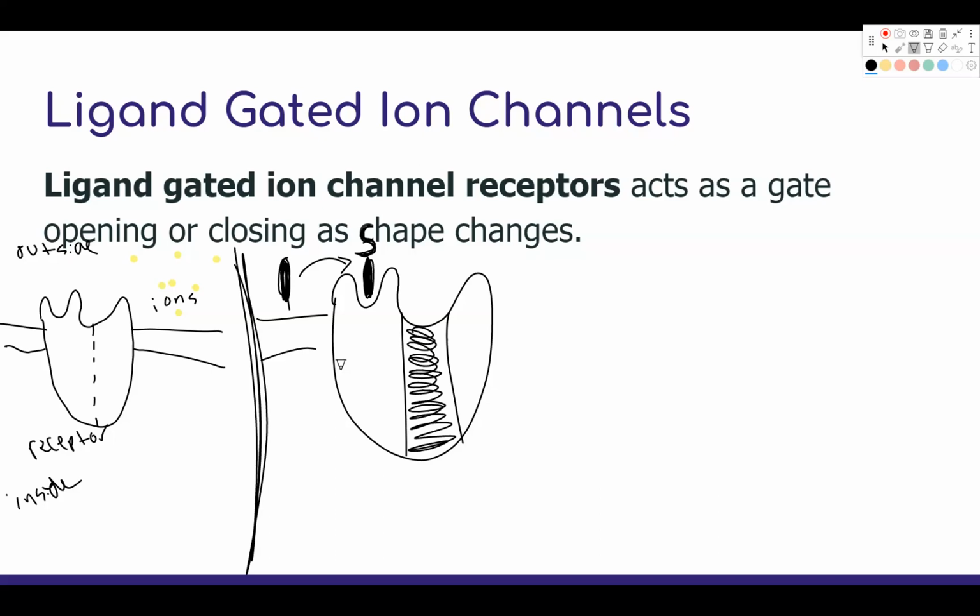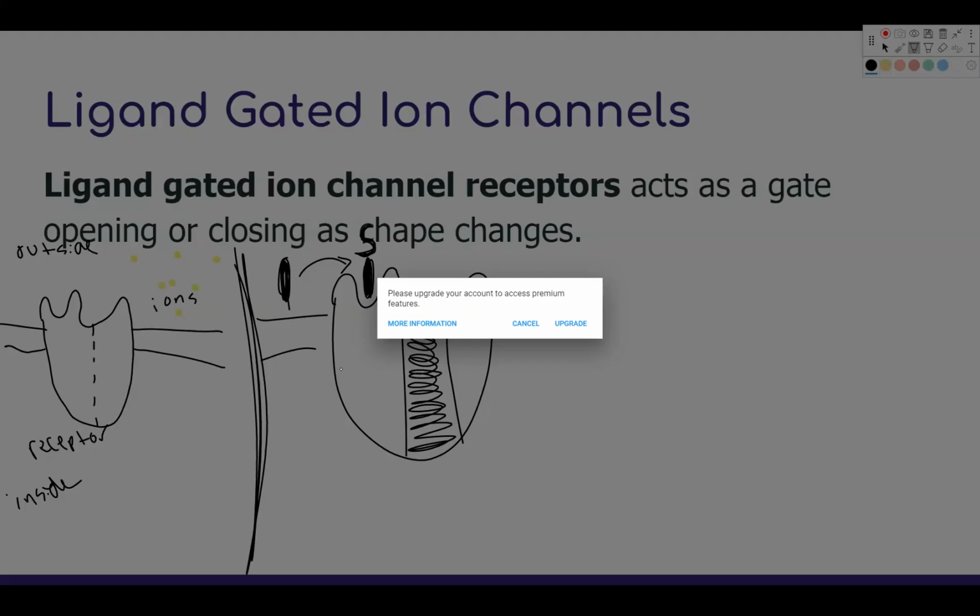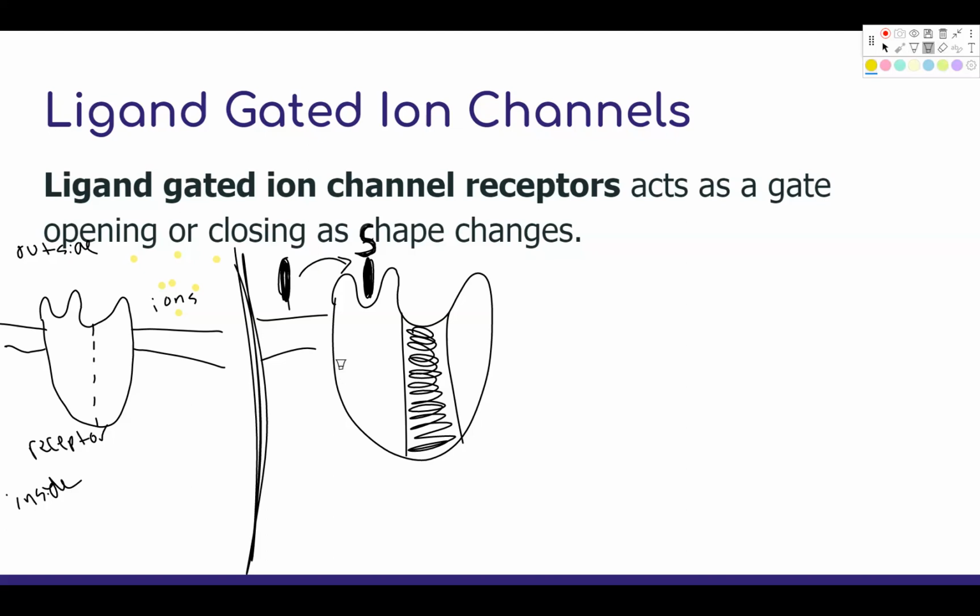It will cause a change in this protein that lets those ions move across the membrane. Quite literally, ligand gate for an ion channel. That ligand binds, changes the shape of the protein so that it is open, allows ions through.